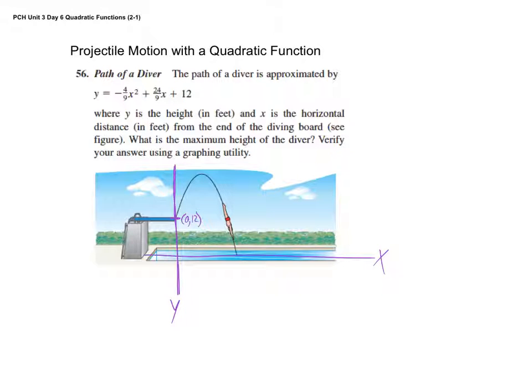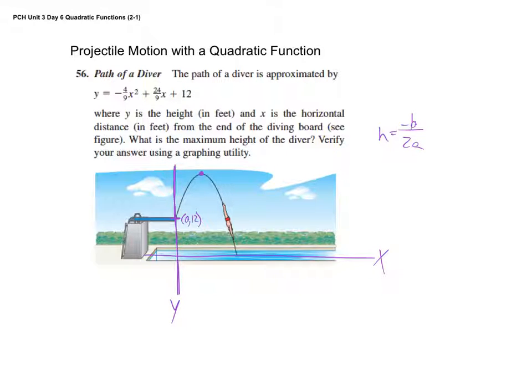So, go ahead and find the maximum height of the diver. How would we find the maximum height of the diver? Negative b over 2a. Yeah, the vertex, negative b over 2a. We're trying to find this point right here, (h, k). H is negative b over 2a. What's b?